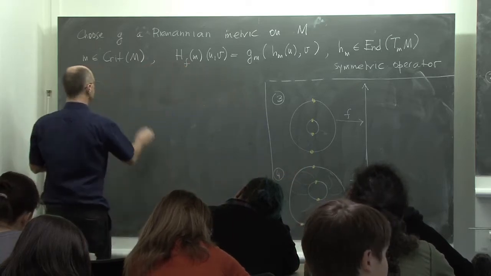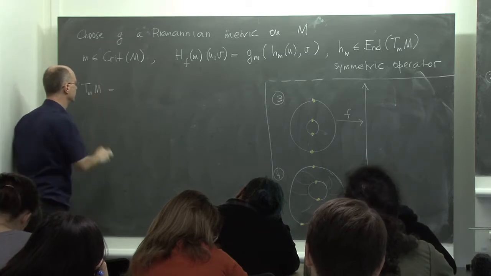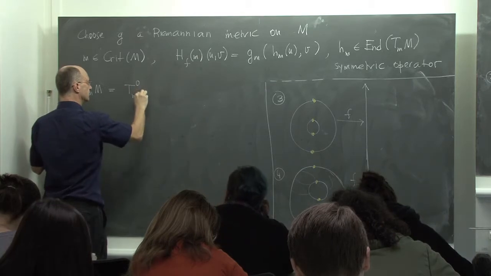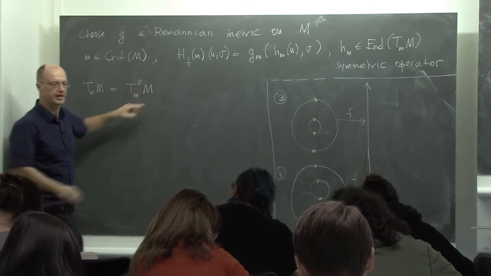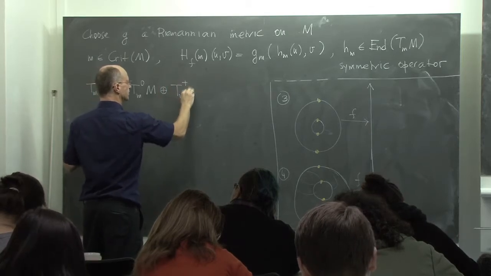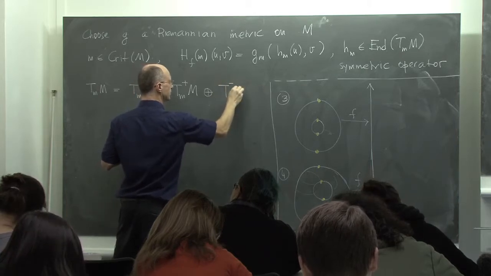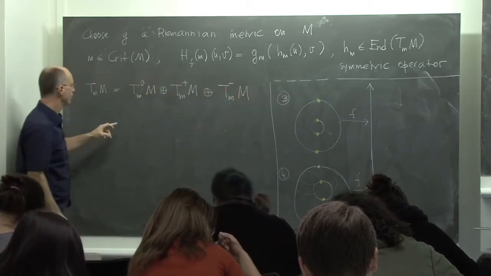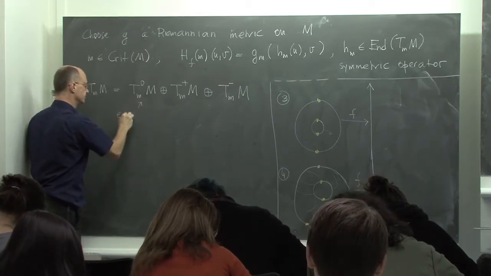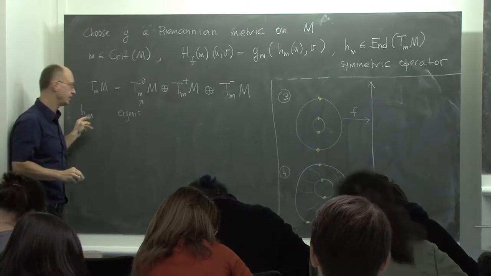And we can now split T_mM into a sum of T_m^0 M plus T_m^+ M plus T_m^- M, where these are eigenspaces with respect to the operator H_m.